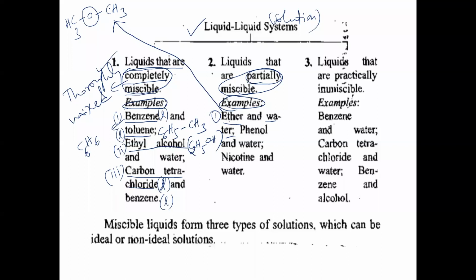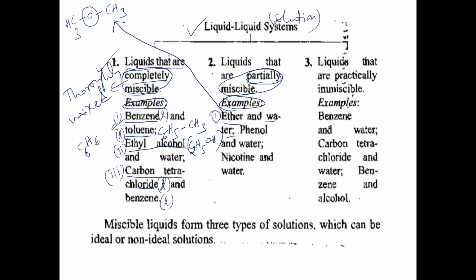So dimethyl ether is an example of ether. Like this, if you take ethyl C2H5 on left side and C2H5 on right side, C2H5-O-C2H5 is called diethyl ether. Here we have taken CH3 methyl groups, that's why it is called dimethyl ether. So dimethyl ether and water will form which type of liquids? Incompletely mixed, partially mixed.